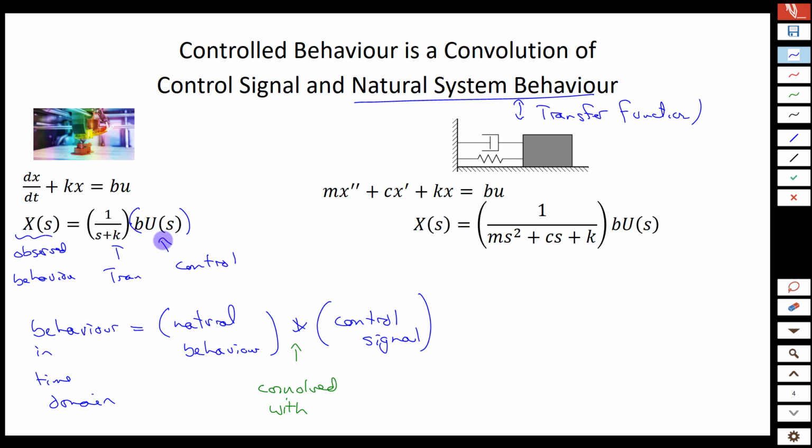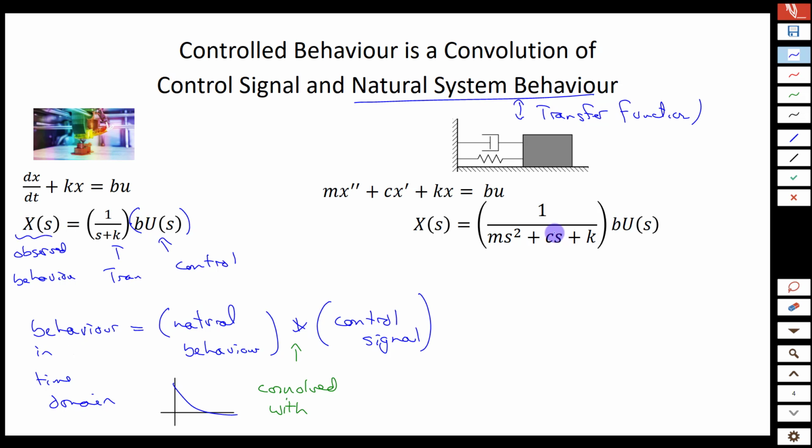So if we have the transfer function and we know what our control is, we can predict, we know, in fact, that the behavior that we see is going to be a combination of those two things, but not one we can necessarily intuitively leap to without some practice. But it is going to be the convolution of the natural behavior, which here would be our exponential decay. So our natural behavior for this system is just decaying. And then the control signal convolved with that, that control signal is up to us, but we can predict what the behavior is going to be through that convolution.